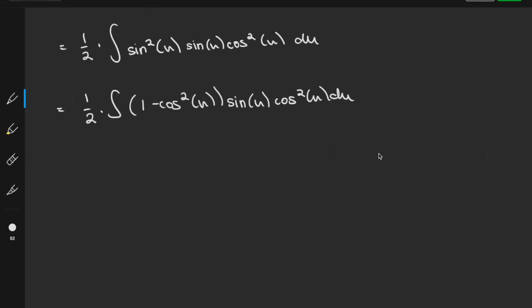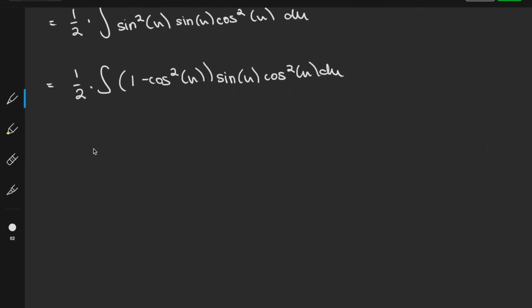And now we just expand. We won't expand it with this sine u at the moment. We're just going to expand it with the cosines. So this is going to be a half times the integral of 1 times cosine squared, which is just, of course, cosine squared.